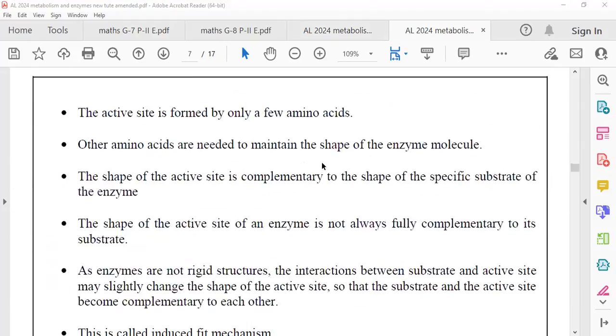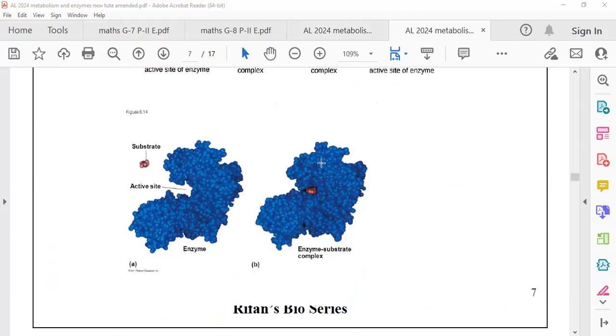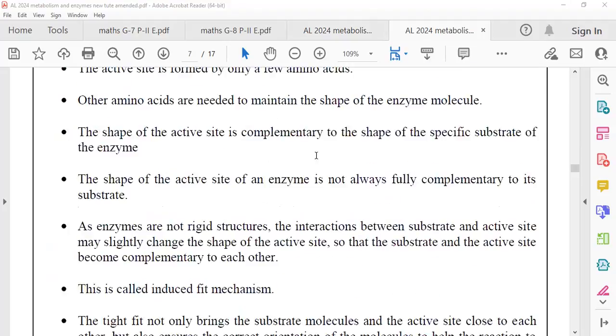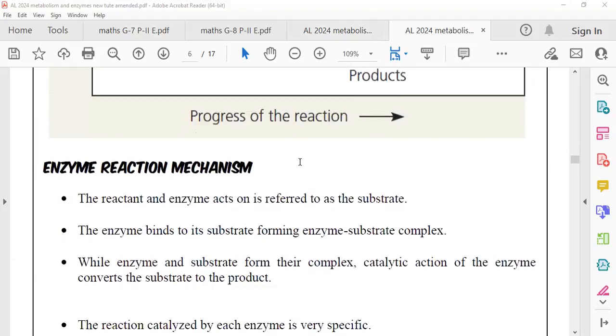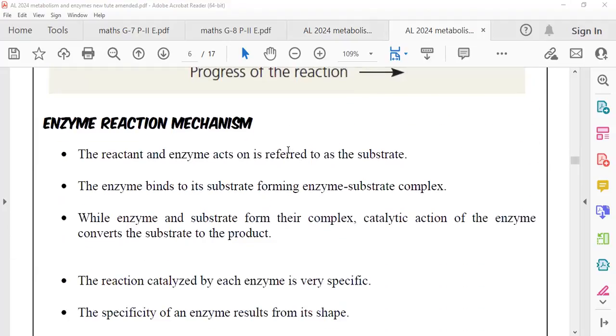Enzyme reaction mechanism. Hereafter, we are going to speak about how an enzyme functions. Right.